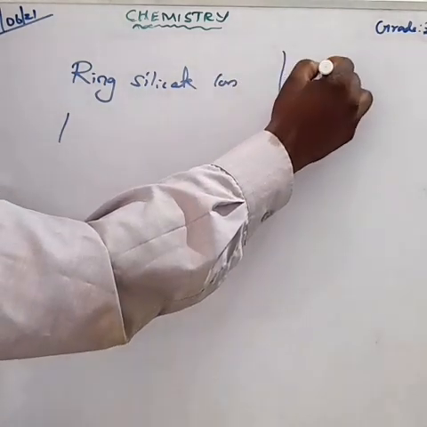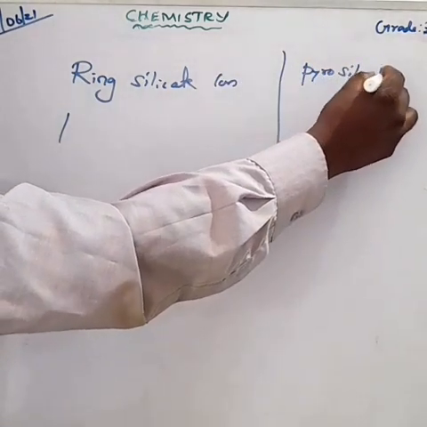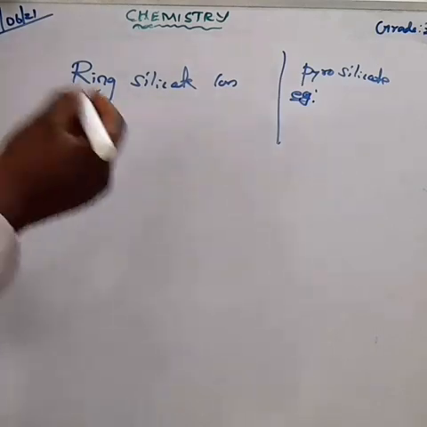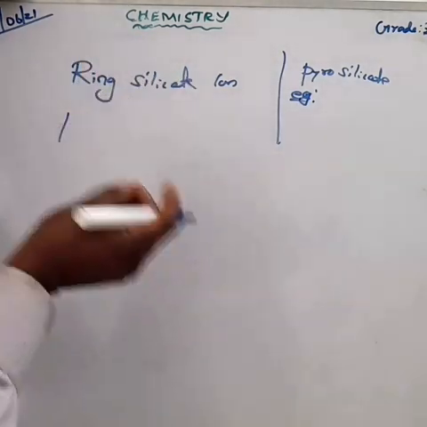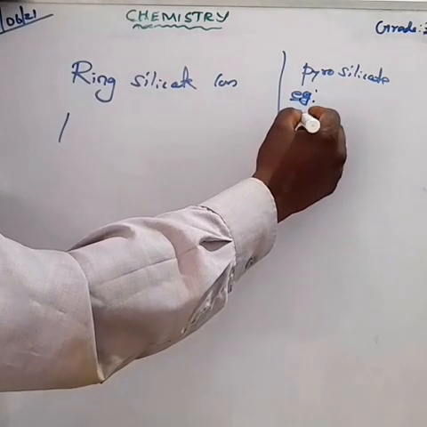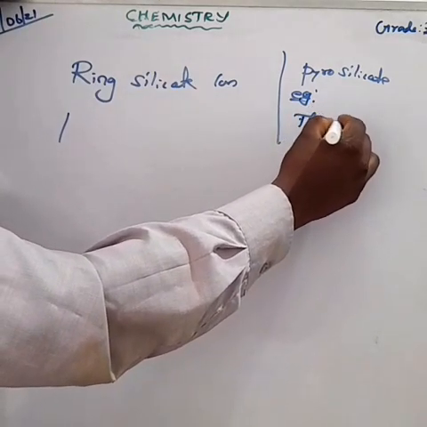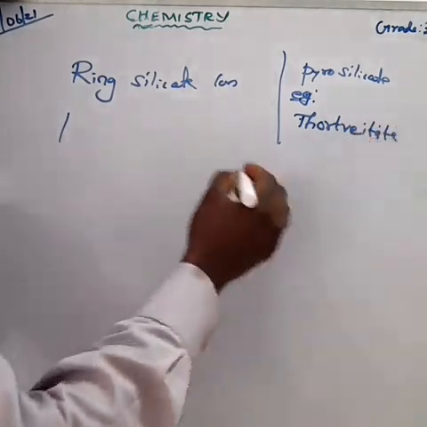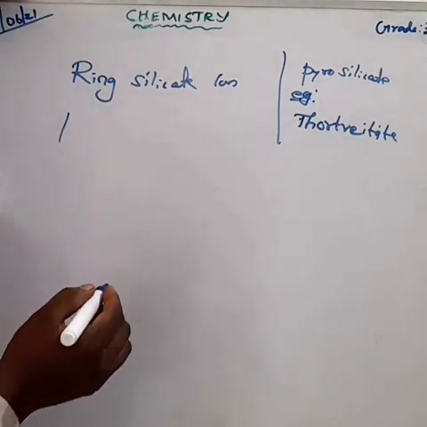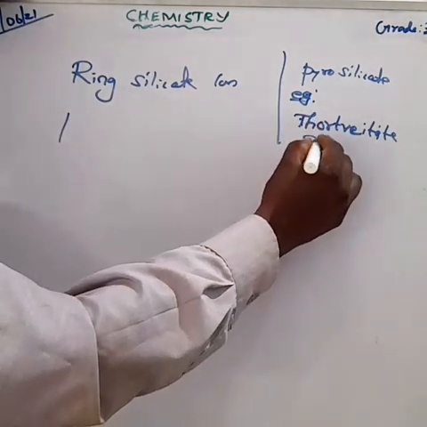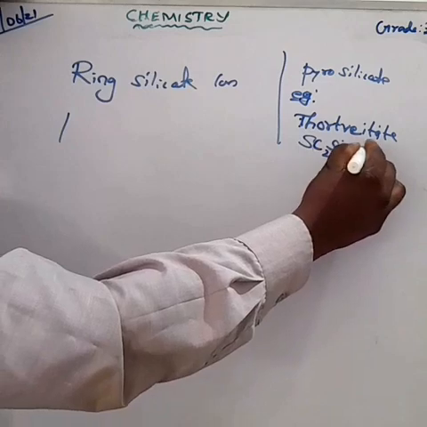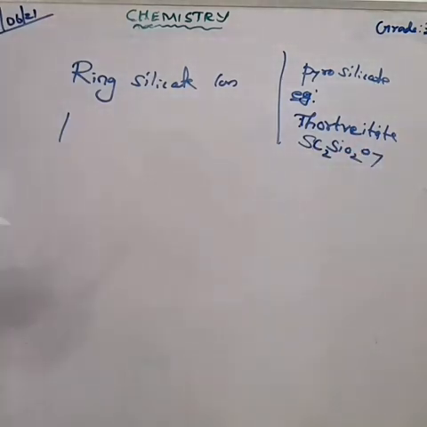The example is thortveitite. Here, the formula is Sc2Si2O7.